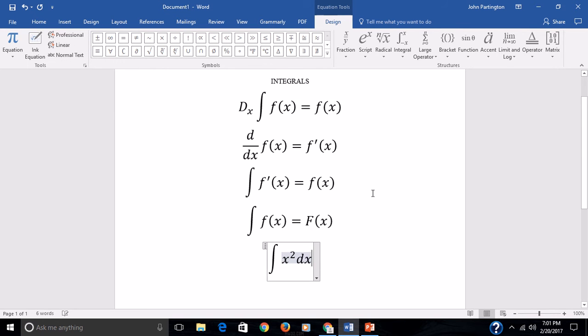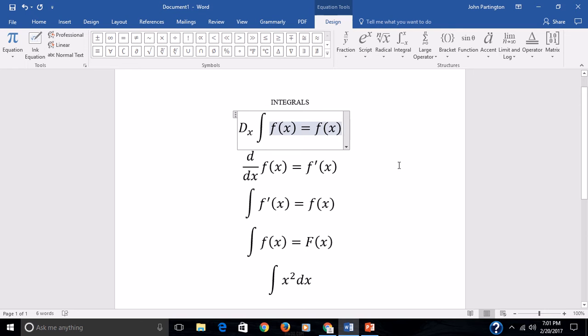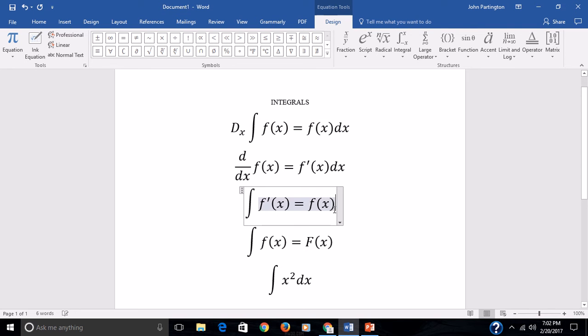Now there's always going to be the dx there. I might want to put that on all of these. Now, a fundamental part of this is that you're always going to have a plus c at the end of all these.